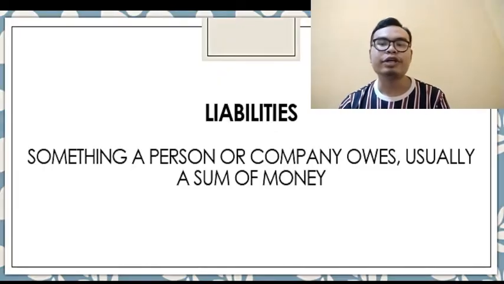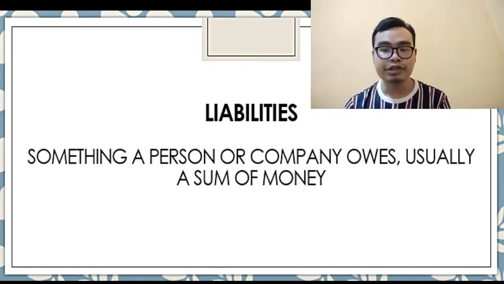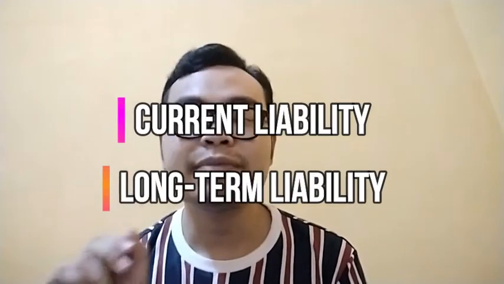That's about assets. We proceed to the second one, which is liabilities. Liabilities are something that a person or a company owes, usually money, but it can be goods or services. Examples are loans, accounts payable, or mortgages. It has two types: current liabilities and long-term liabilities.